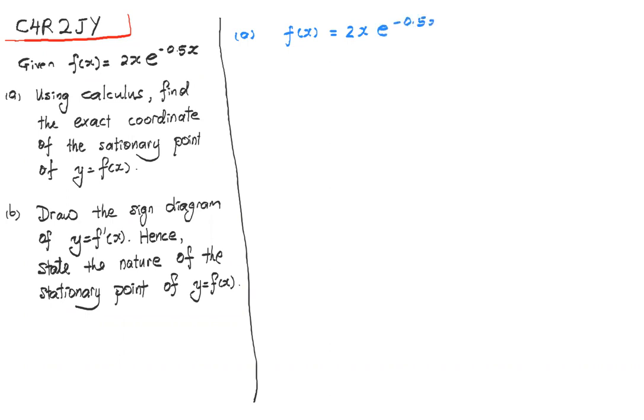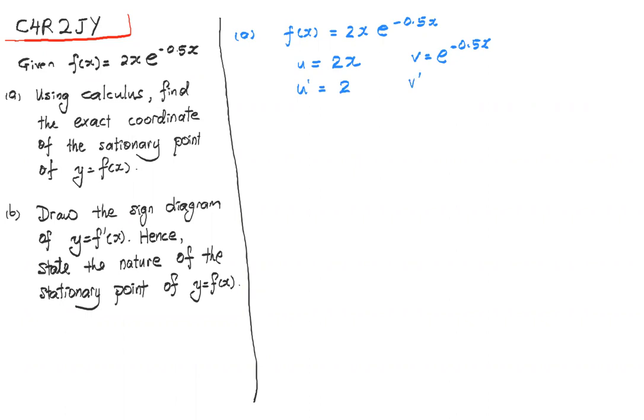Okay. So the U, you all prefer to look at it as 2x. I will write down 2x. The V is e to the power negative 0.5x. So when you differentiate 2x, the rate of change of 2x is 2.